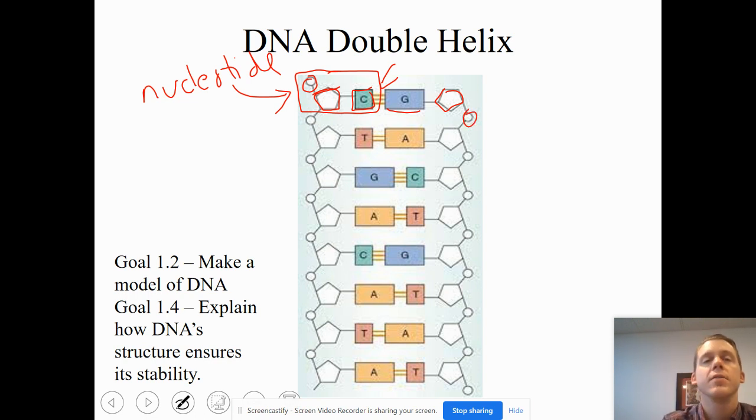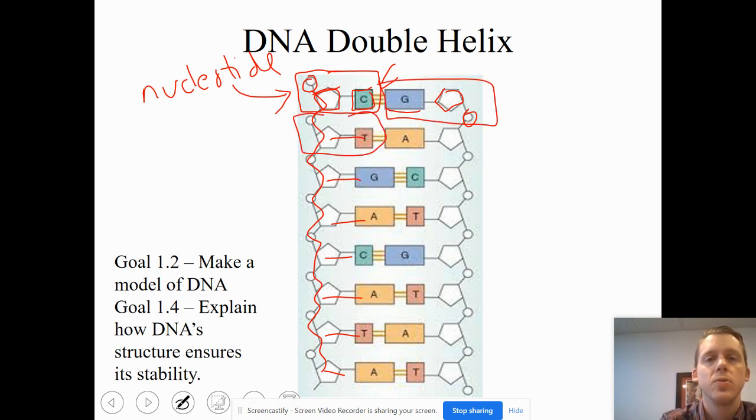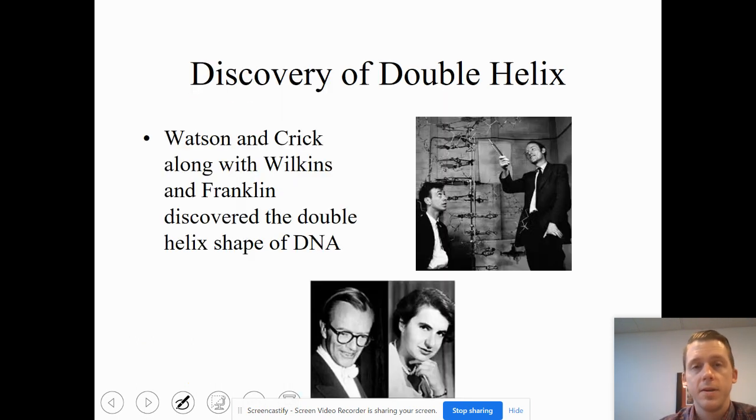So notice the sugars and the phosphates are connected on a backbone. The bases are sticking out, and they're not really connected except to the sugar, and they're hydrogen bonded to the next base. So we have two strands running in opposite directions. Here's a nucleotide, there's a nucleotide. Here's a nucleotide, there's a nucleotide. So we go down the list.